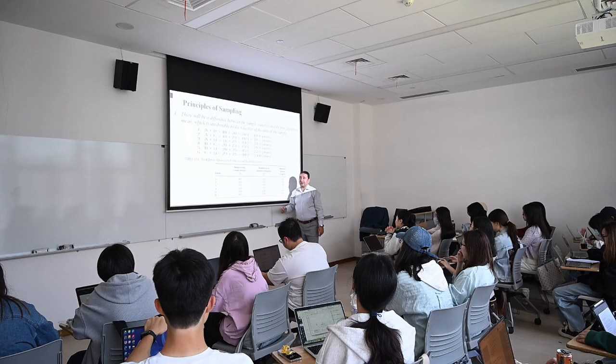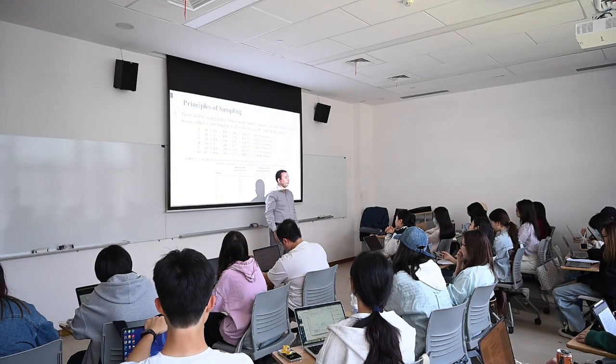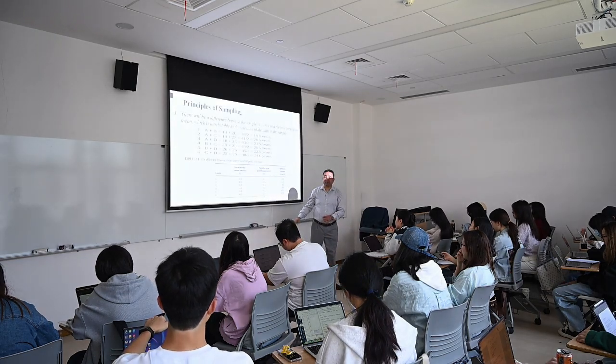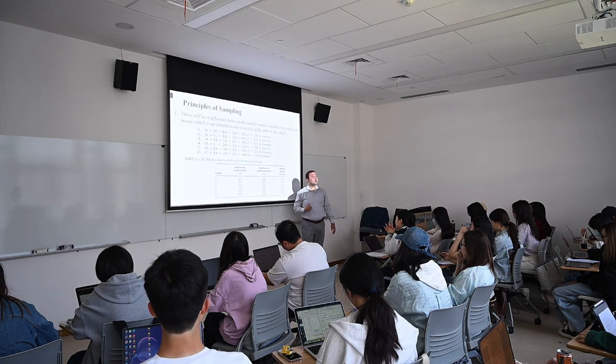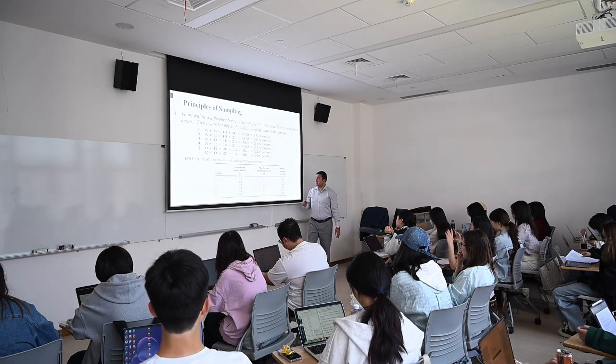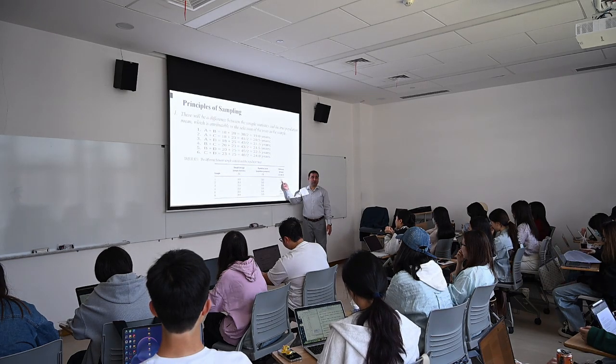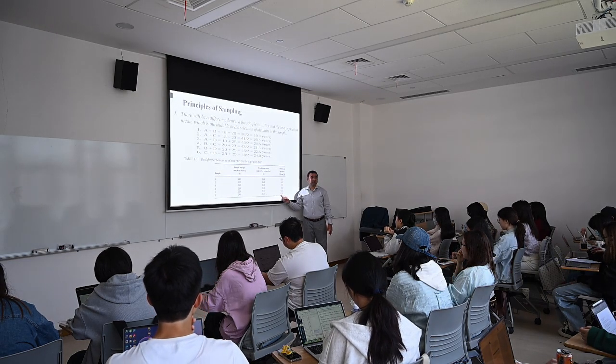What is the population mean? You add A, B, C, D and divide by 4. The average of the population is 21.5. Okay? How much is the difference? From minus 2.5 to plus 2.5.